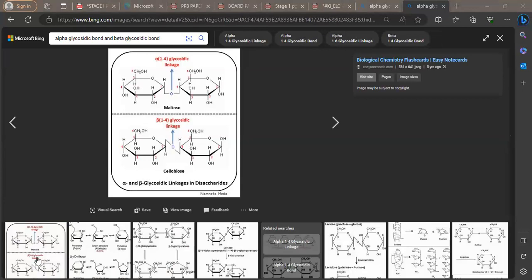Okay. Then 1,4, like, after I go 1, 2, 3, 4. Then for starch and glycogen, because we've seen cellulose is a beta 1,4 glycosidic bond, what about starch?